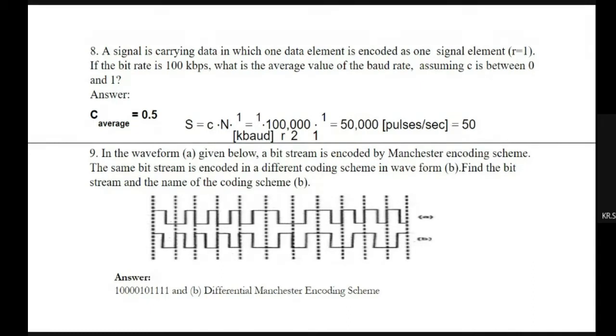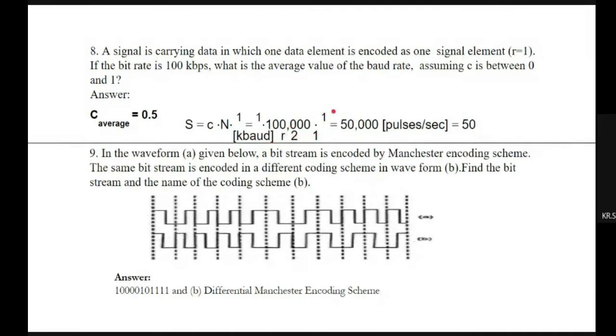The c value is an average. How do we find it? Assume c is between 0 and 1, so of course it is 0.5. The c value is 0.5, and N is 100 kbps, which you can convert into bps. Then apply 1 divided by r.